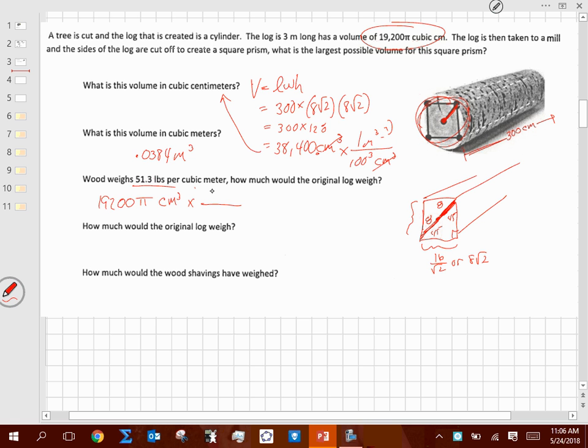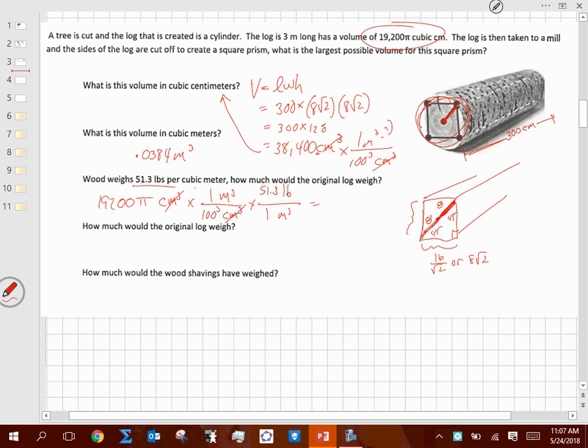So I will make this as 1 cubic meter to 100 cubic centimeters. Centimeters are going to cancel out. And now I can multiply by 1 cubic meter down in the bottom, 51.3 pounds on top.